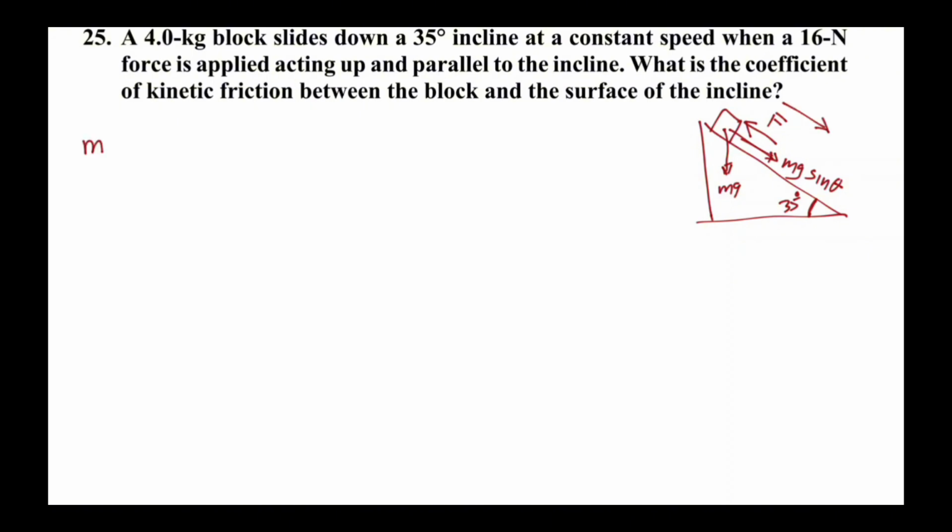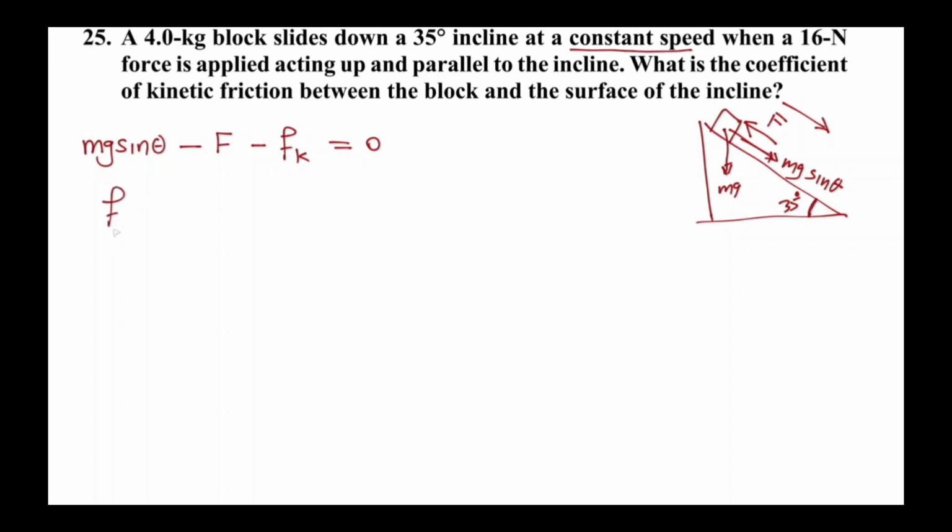Since the object is sliding down this way with constant speed, it means the acceleration equals 0. We will get mg sine theta minus F minus fk equals 0, again because the system is moving with constant speed.